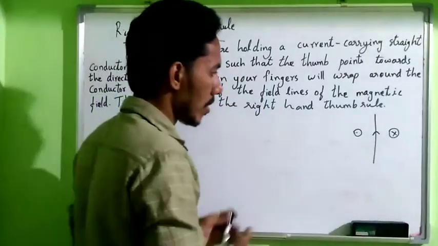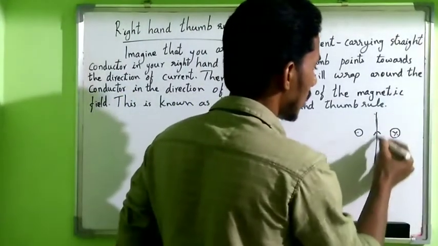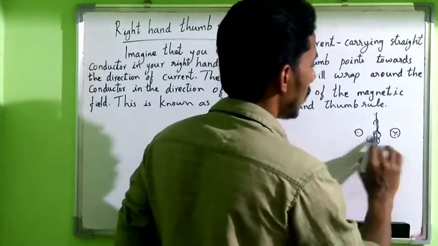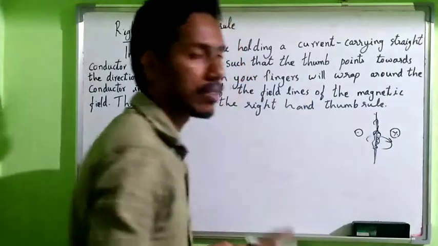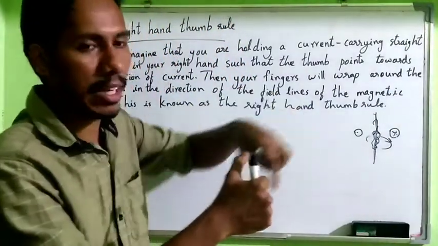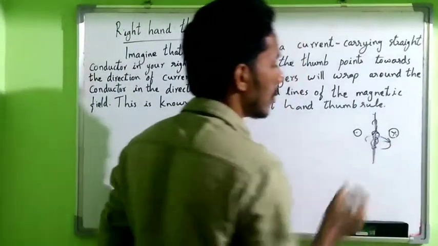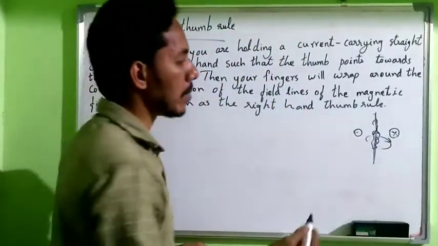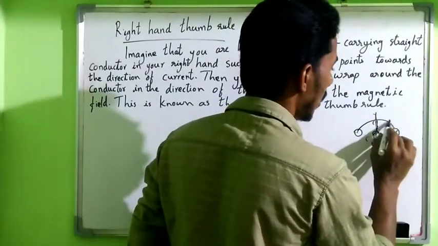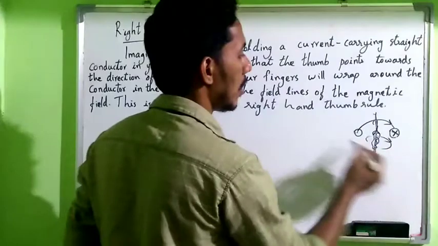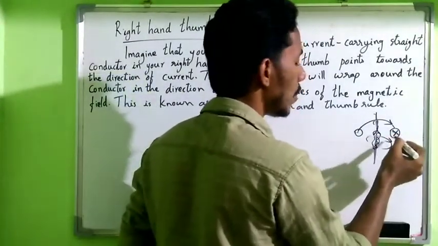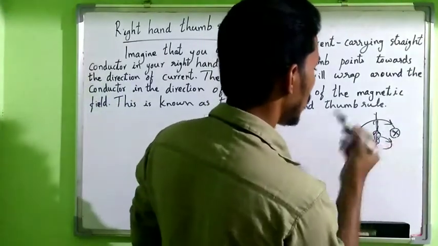Use your thumb and hold the conductor with your fingers, then they wrap around in this direction. Three-dimensionally, this part is inward to the board, and here it is outward.